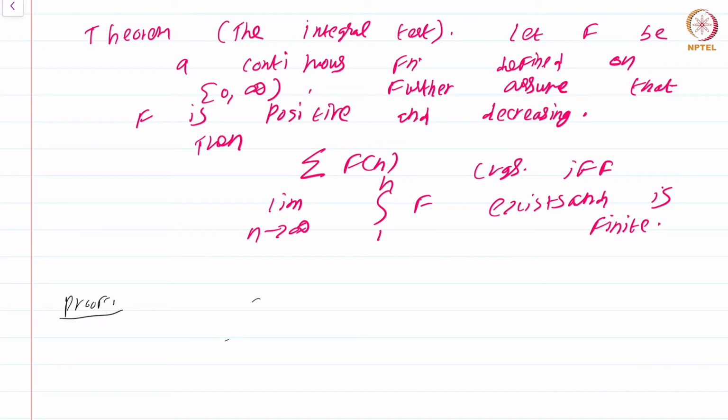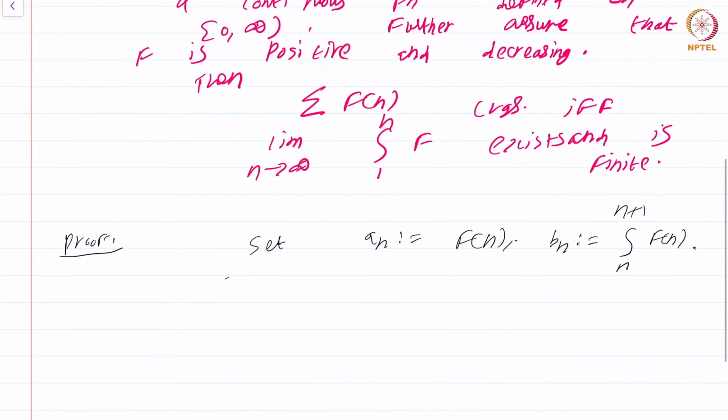Set a_n by definition to be just this f of n, and set b_n to be the integral from n to n plus 1 of f. Now we are assuming that f is decreasing, which just means that f of n plus 1 is less than or equal to f of n.